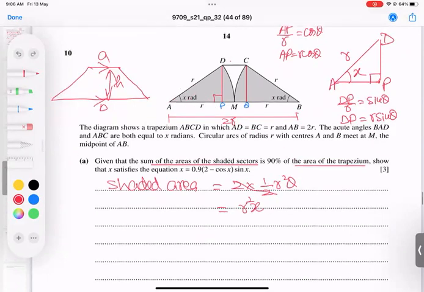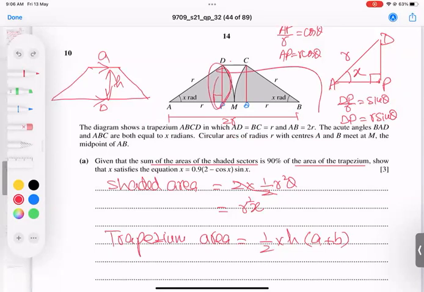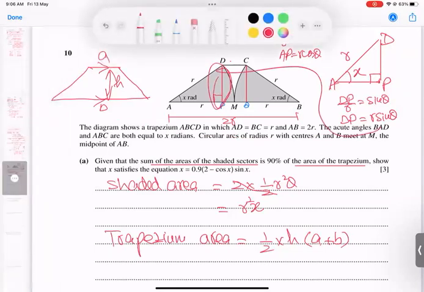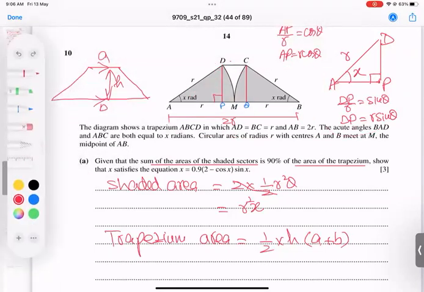Now, what is the trapezium area? The trapezium area formula is half times h times (a plus b). Here h is this gap, and this gap is actually DP. Why DP? You can see this is a trapezium.